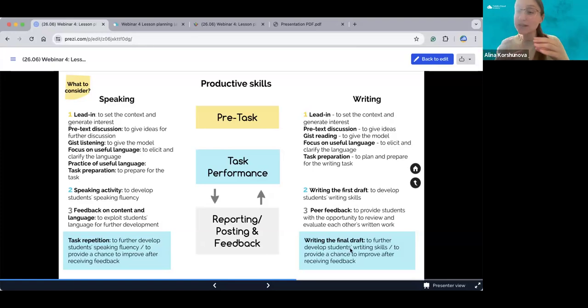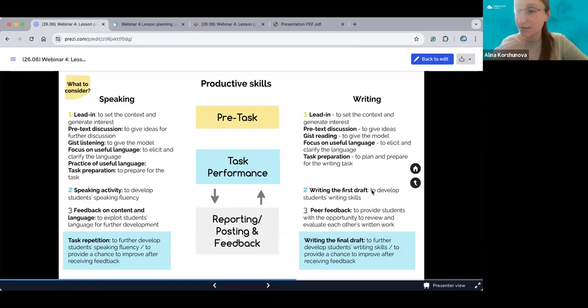And then you should plan how you would do the feedback stage and plan enough time for this repetition, for the final draft here or for the task repetition in a speaking lesson. If you allocate your time fairly, it would be a good, successful writing lesson.